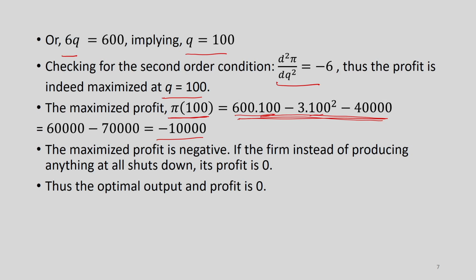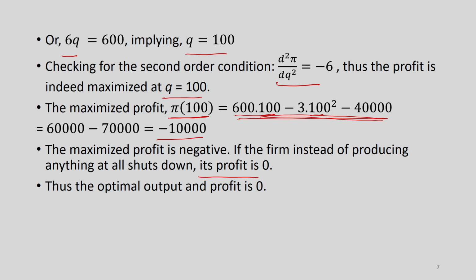If the firm, instead of producing anything at all, shuts down, then what happens? If the firm shuts down, it does not produce anything. So, total revenue is equal to 0. Remember, at q is equal to 0, cost is not 40,000, it is 0 actually, that is specified in the question. So, therefore, profit will be 0 minus 0, that is 0.